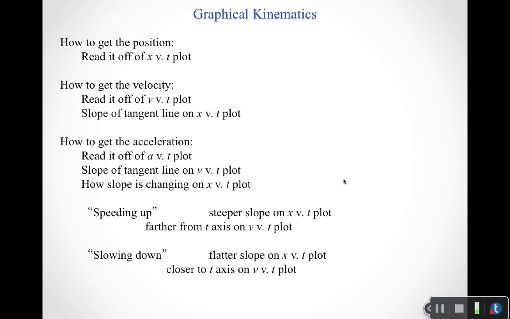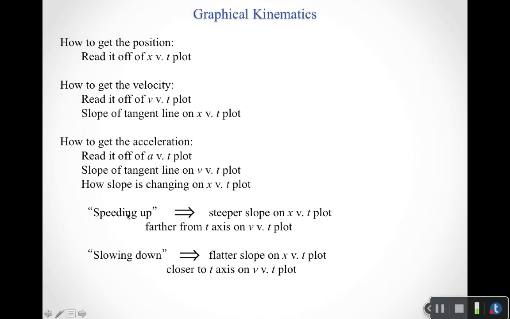If you want to know the acceleration, you've got three options. You can read it off of an acceleration versus time plot. You can calculate the slope of the tangent line on a v versus t plot. Or you can calculate how the slope is changing, what's known as the curvature, of an x versus t plot.